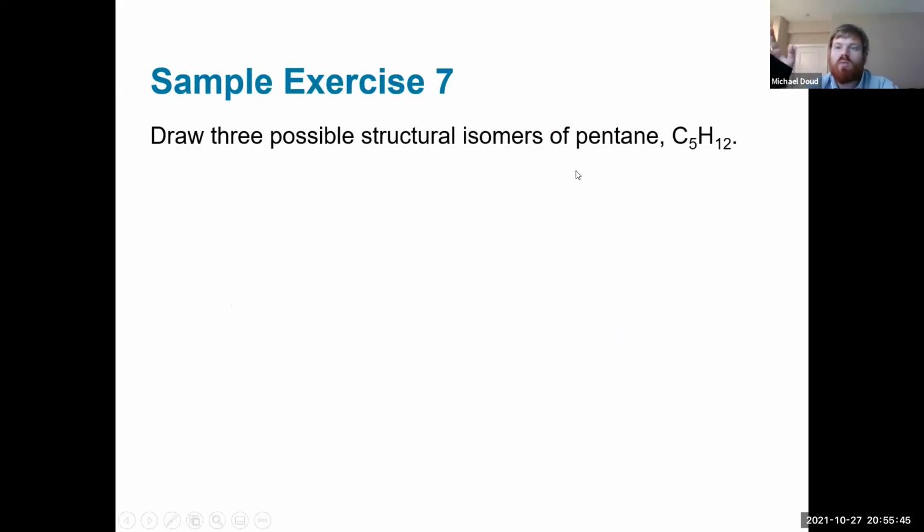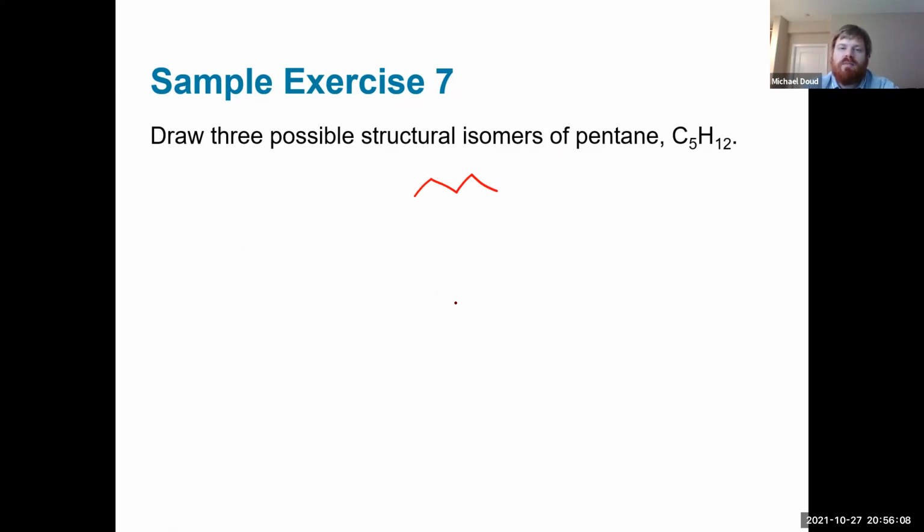So, okay, well, let's start with just a thought exercise. Given all of that, can you draw 3 possible structural isomers of pentane, C5H12? So note that you're starting with C5H12, that's 1, 2, 3, 4, 5 carbons, looking like that. Can you think of 3 different ways to arrange these atoms? This is kind of a fun thought exercise. It's almost like a puzzle.